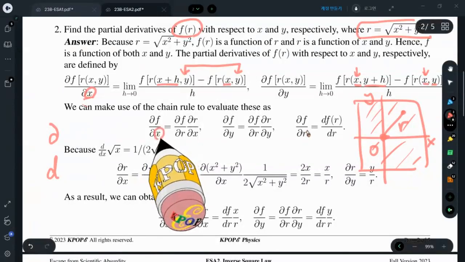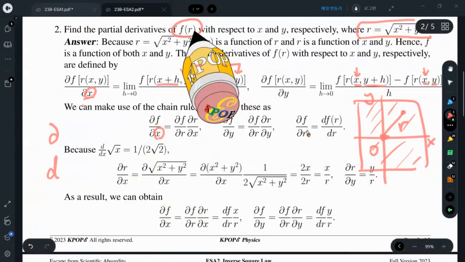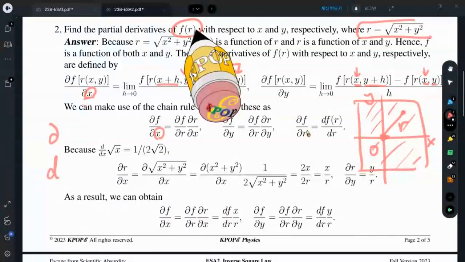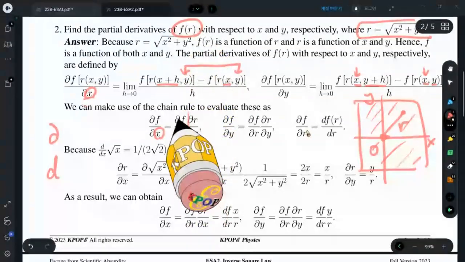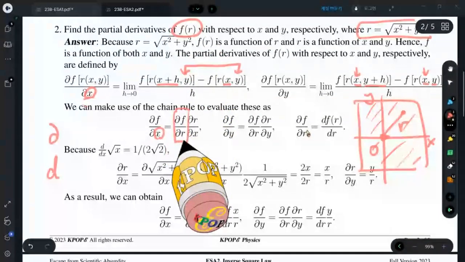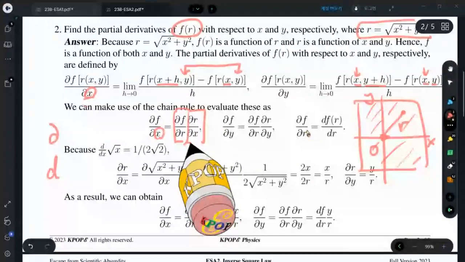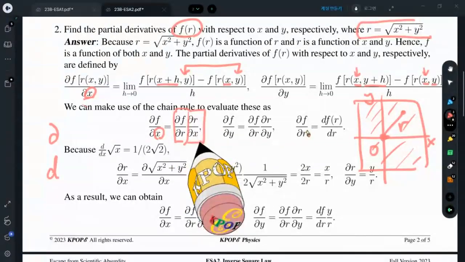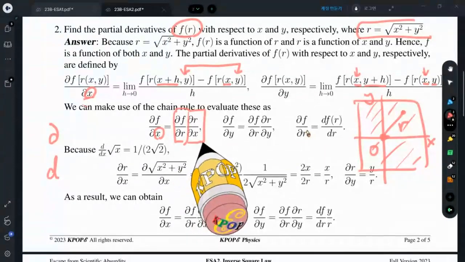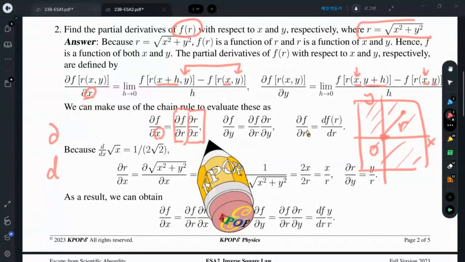The variation of x leads to the variation of r. Therefore, we first take the derivative with respect to r, and then the variation of r is divided by the variation of x. This notation is quite useful, which was developed by Leibniz instead of Newton.